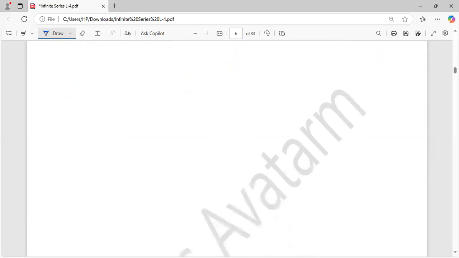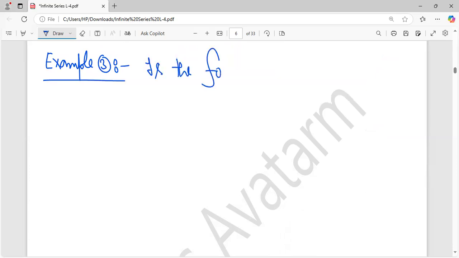Question, example 3. Is the following series convergent?